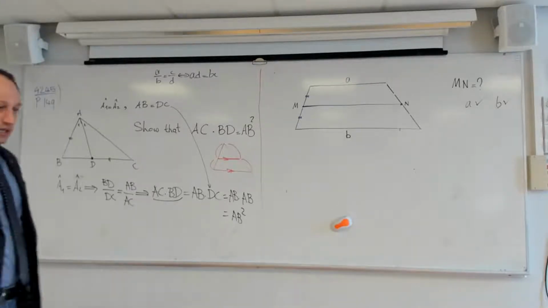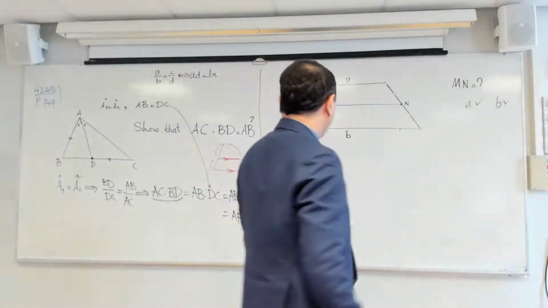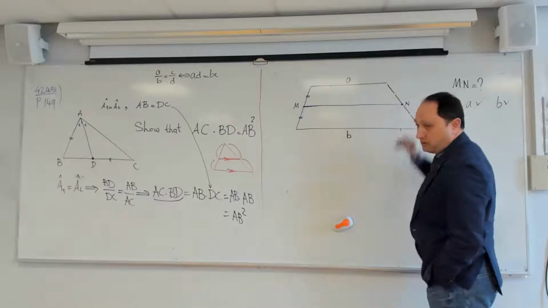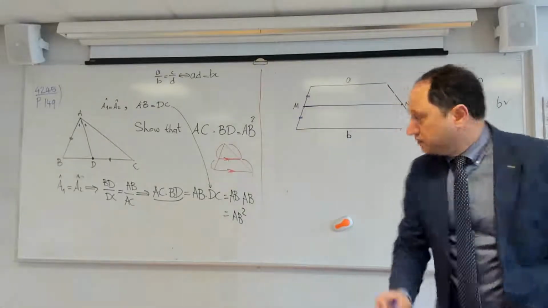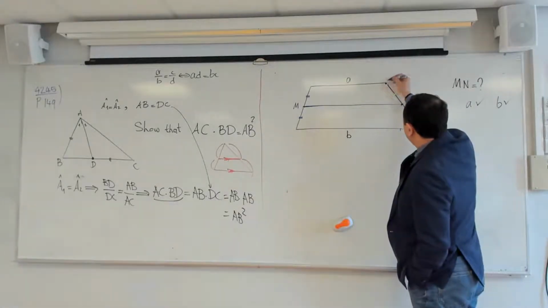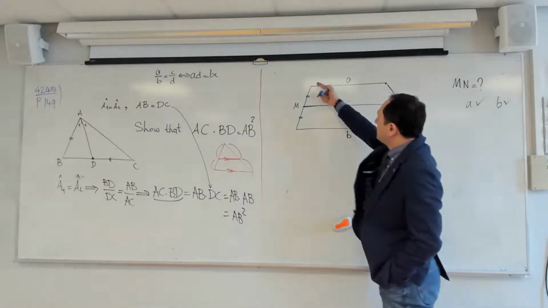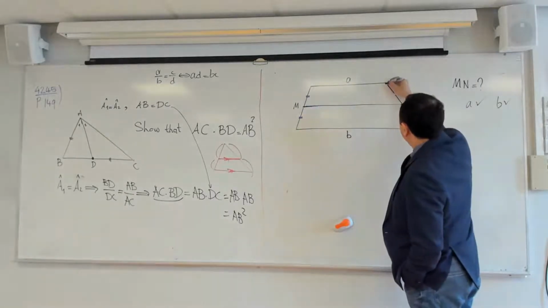I was thinking that if we can draw a line parallel to this one from here. Let me take this point and draw a line parallel to this line. So then what happens here?